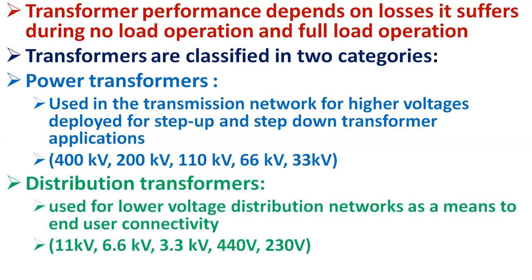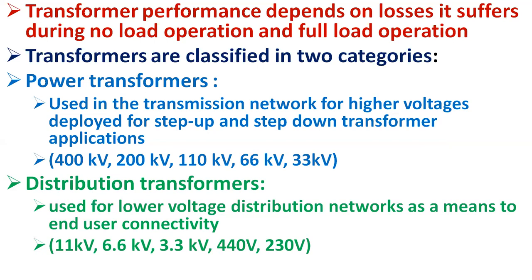Next are the distribution transformers, which are used in lower voltage distribution networks as a means of end-user connectivity. Distribution transformers, which are normally available in substations, range over 11 kV, 6.6 kV, 3.3 kV, 440 volts, and 230 volts.